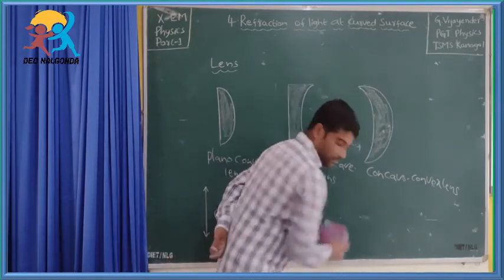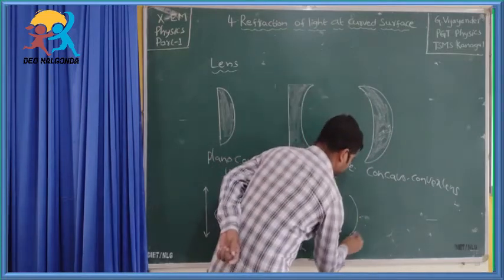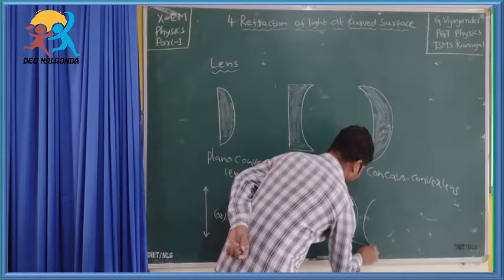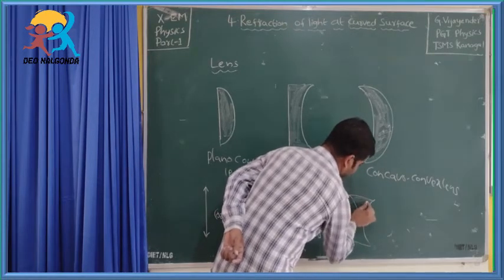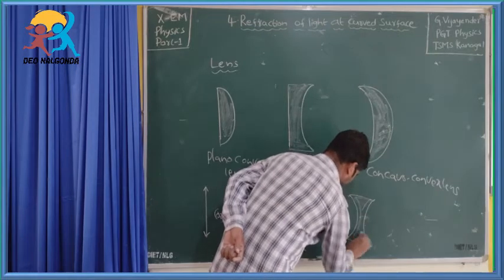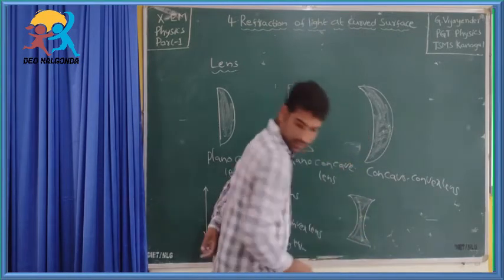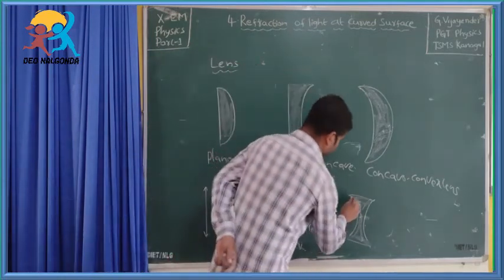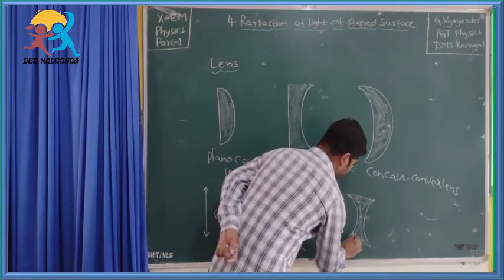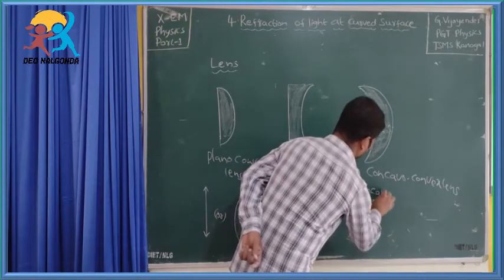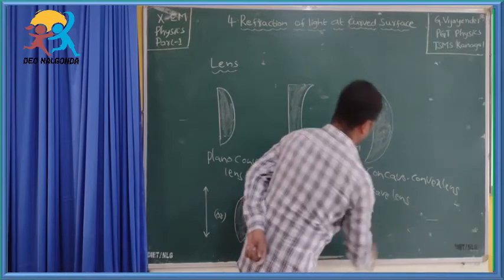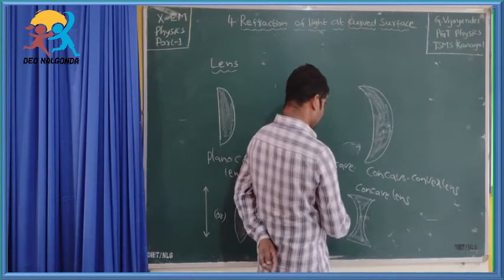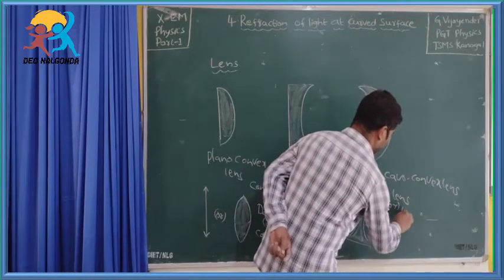This type of lens is called a concave lens, or double concave lens, or simply a diverging lens.